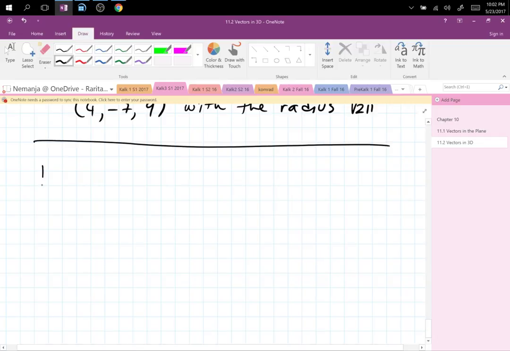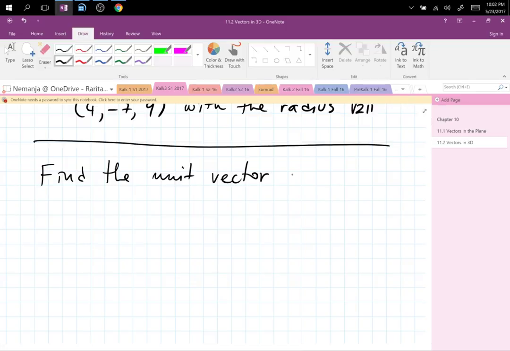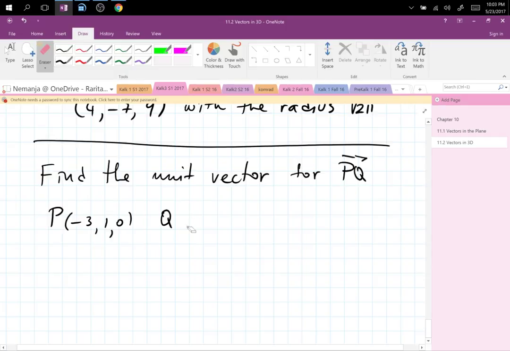Find the unit vector for vector PQ, where P is given as negative 3, 1, 0, and Q is given as negative 3, negative 4, and 1. Find the unit vector for vector PQ.